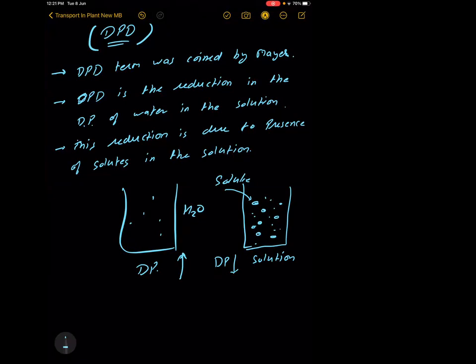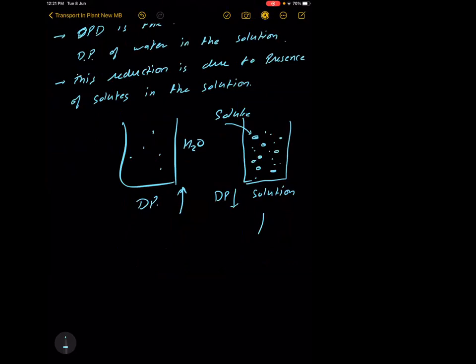Suppose we are comparing these two solutions, A and B, and here in B more solutes are available.